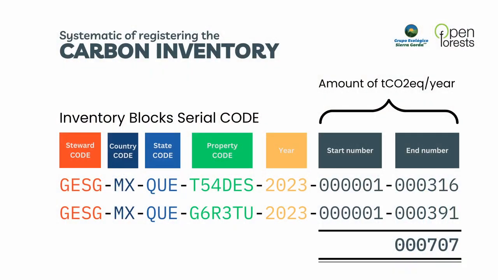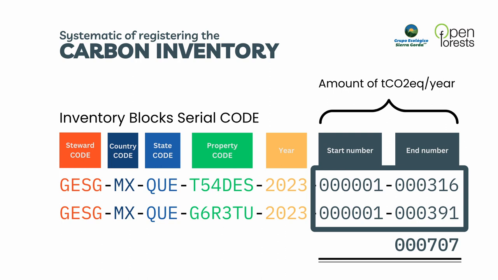For each property and for each year, there is a carbon inventory available, which is documented via the inventory blocks serial code. So at the end, you see there's a unique number for each carbon that has been stored in the property.